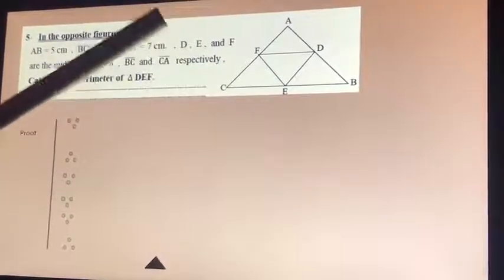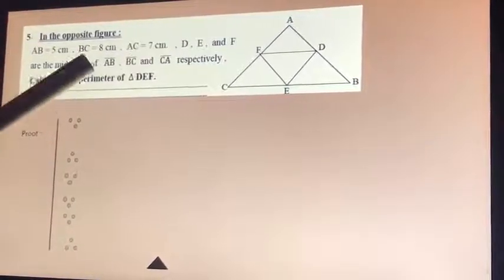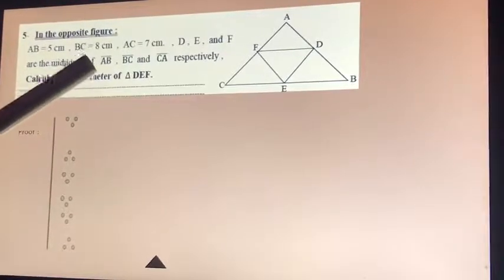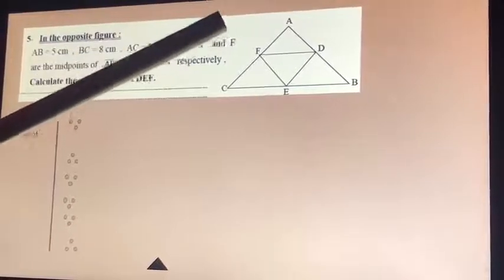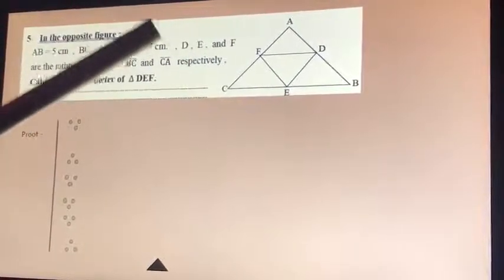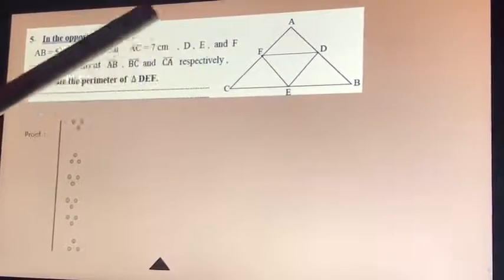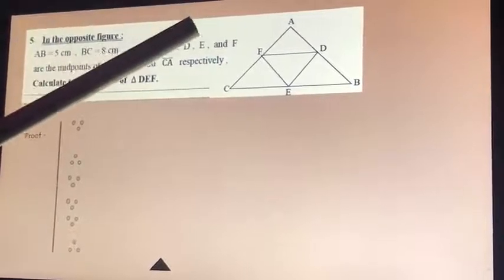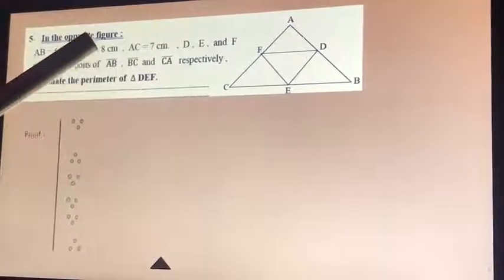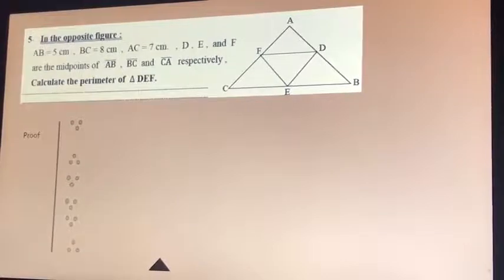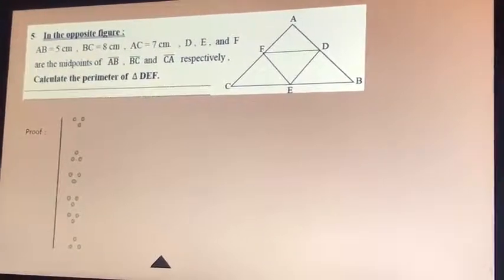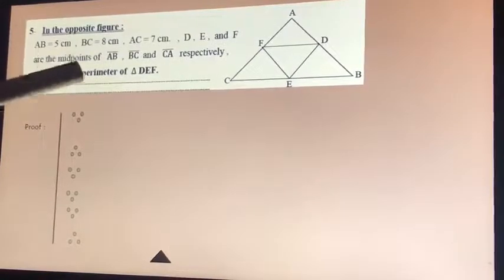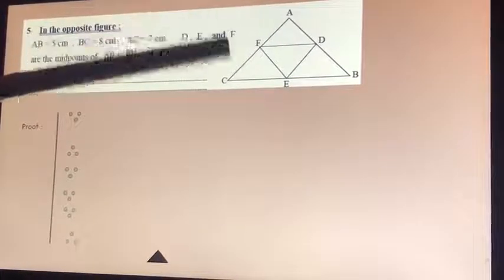This means that D is a midpoint of the first line segment AB, and E is a midpoint of BC, and F is a midpoint of CA. The meaning of respectively is in order, each of them according to the first line segment which is opposite to it. What does he want me to find? He wants me to calculate the perimeter of triangle DEF.